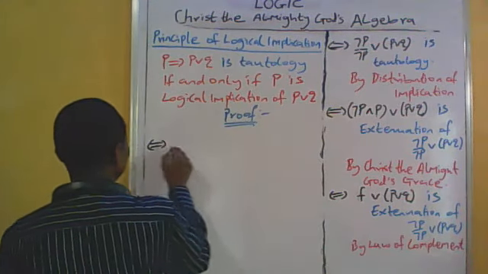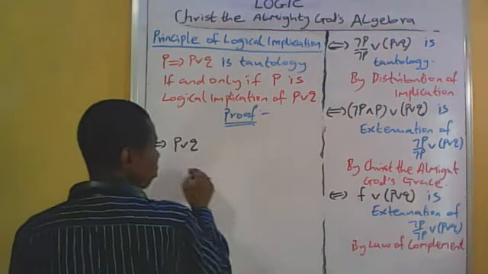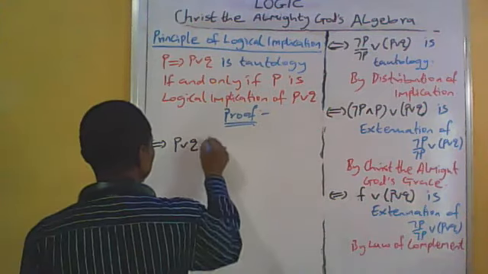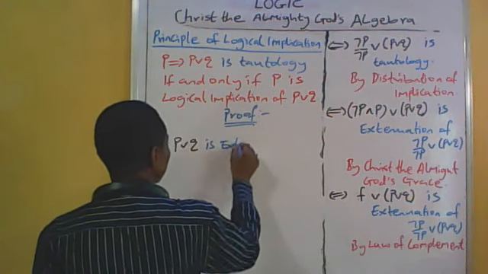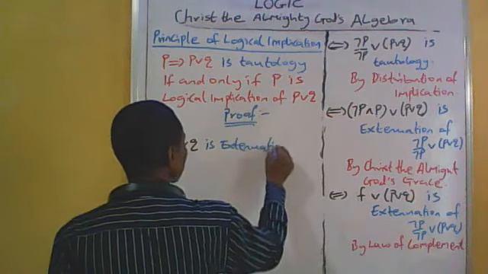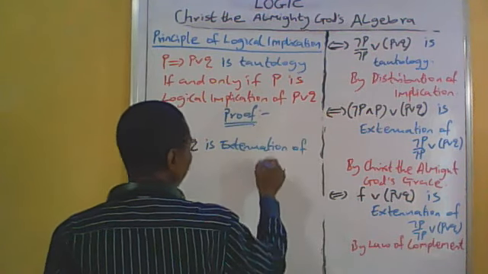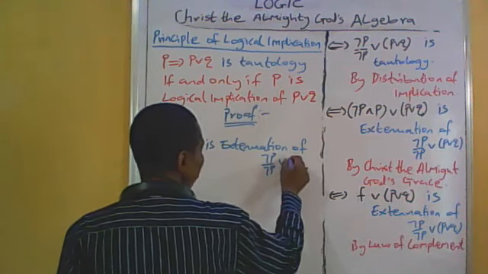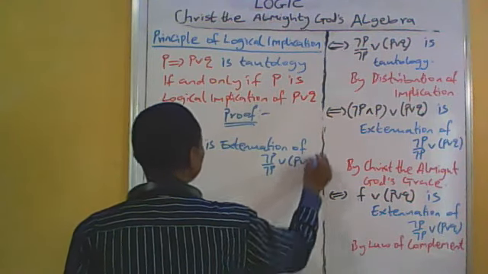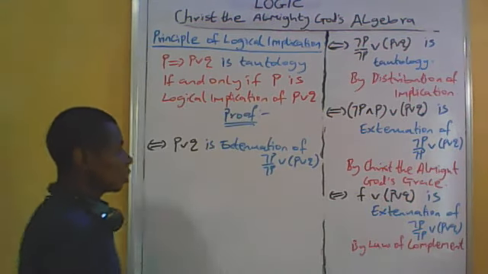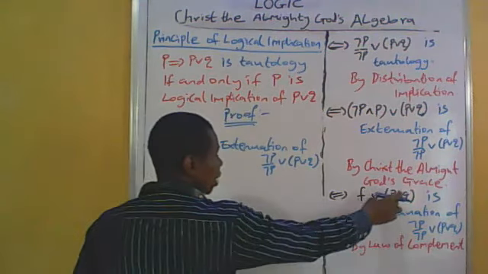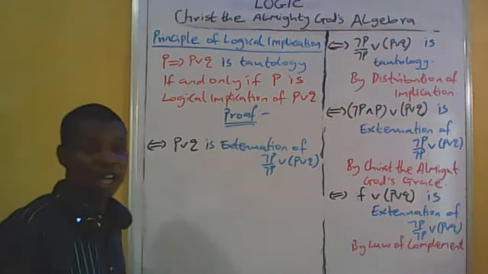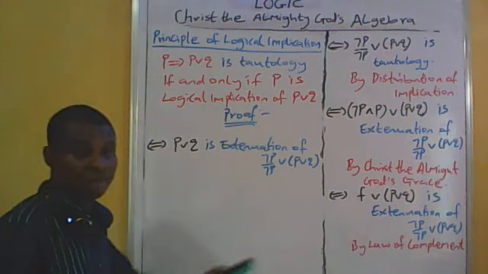If and only if P or Q is extenuation of not P upon not P or bracket P or Q. You will see that this F or bracket P or Q is being substituted with P or Q because whenever F is all with N represented at that time.